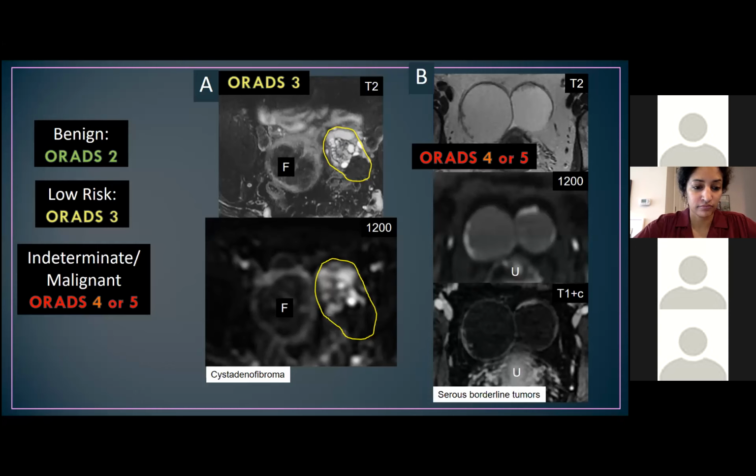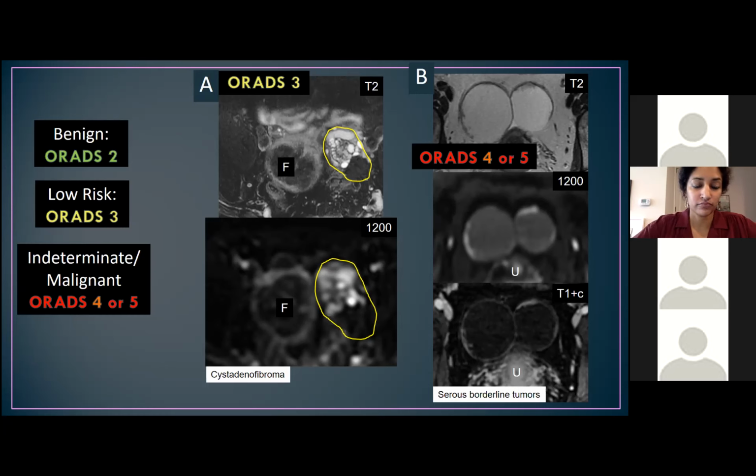O-RADS 3, you're going to follow, but the way you follow it may depend on your local gynecological colleagues. Like here at the UW, we send most of those patients to MR. Other places will follow with ultrasound. So there's a little variability there, and again, that's based on your local gynecological colleagues many times.